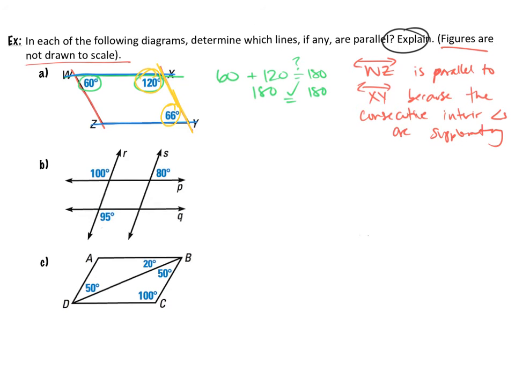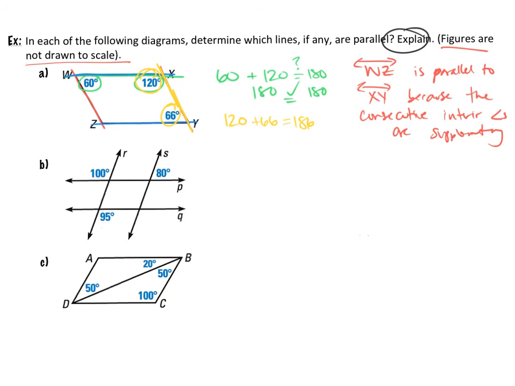Again, they are consecutive interior angles, so they should add up to be 180 degrees if these two lines are parallel, but 120 plus 66 equals 186. So lines WX and ZY are not parallel, and we can finish and move on to the next one.